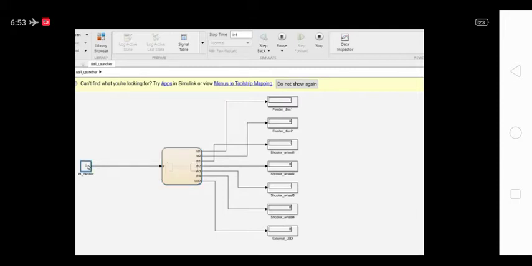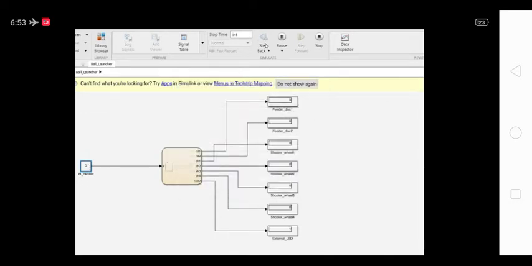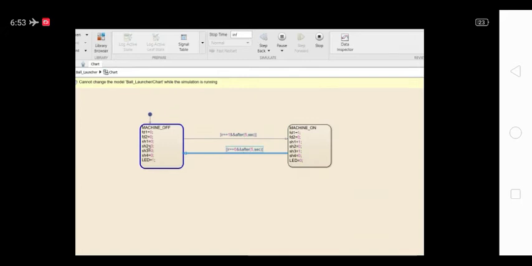Now we'll change the input and give the input 0. The motors stop rotating and the LED blinks, indicating that the container is empty. The machine operates between 2 states, that is off state and on state, with a time lag of 5 seconds.